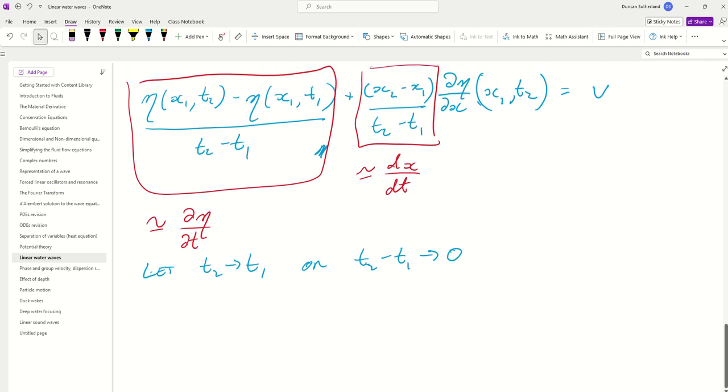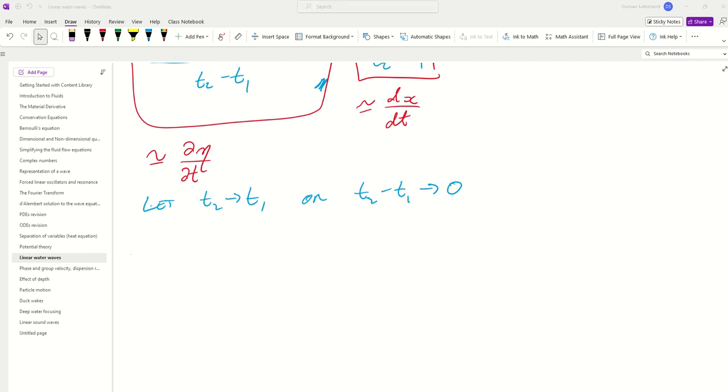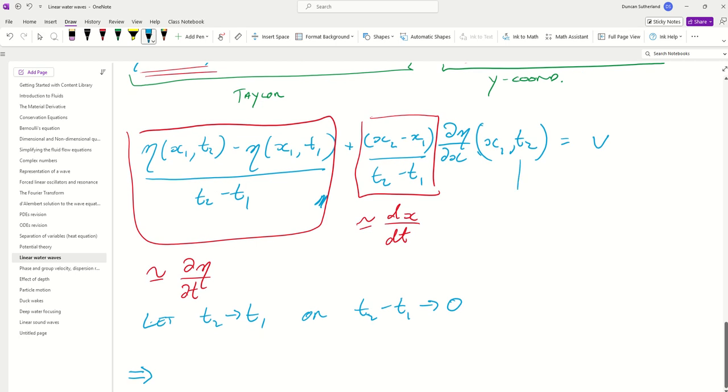And we're going to just take this limit. The limit of the v velocity is just v. This thing becomes d eta/dt. This thing becomes dx/dt. This thing doesn't change. And we're left with the following. Oh, this does change because we're taking the limit.